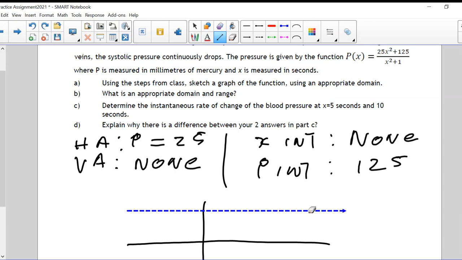But there's a p-intercept though, and it's at 125. Okay, so I'm going to have to extend this a bit. Oh, wrong thing there. Hold on, hang on. It's not the line, it's this. So I'm going to have to extend it.